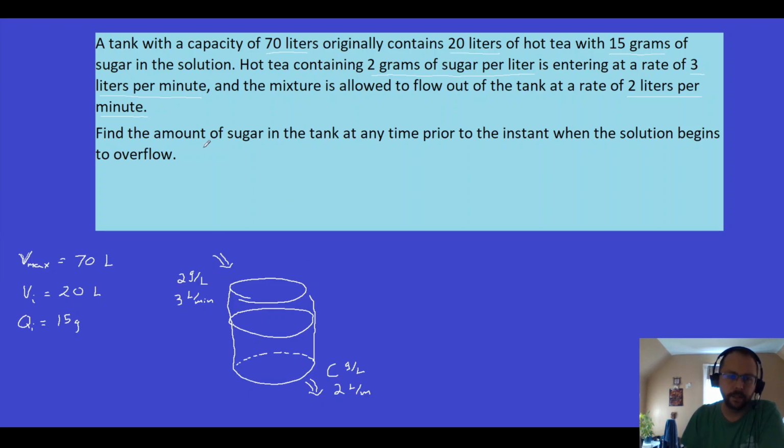And that leads us to the question: find the amount of sugar in the tank at any time prior to the instant when the solution begins to overflow. So we want to know the amount right at the point when it's about to overflow. So we have, let's see, this is 20 liters.